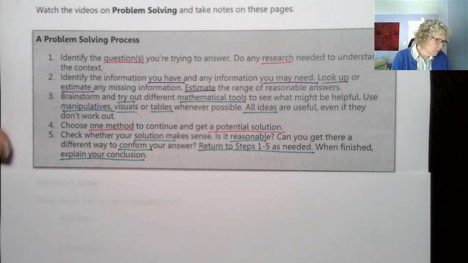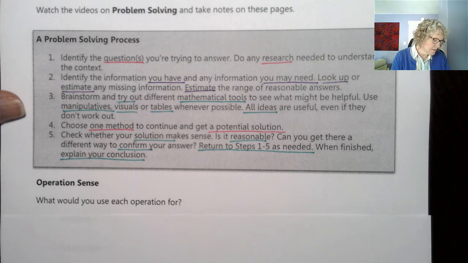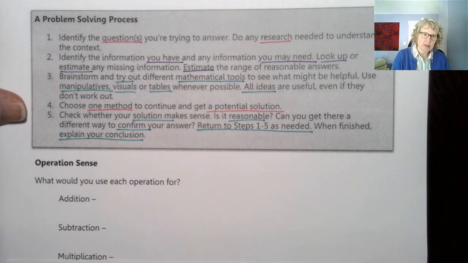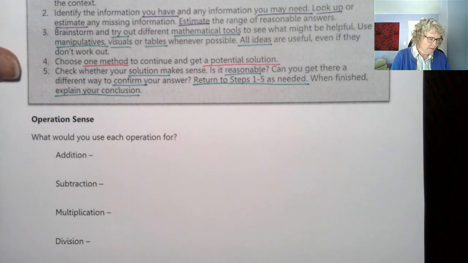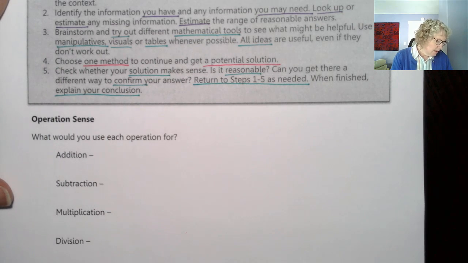So before we actually solve some problems, I want to talk about operation sense. So many of our problems will use basic operations of addition, subtraction, multiplication, and division. And I bet you have a sense already intuitively of what you would use each operation for, right? So if you kind of know in a situation when you're going to add or subtract, multiply or divide, that's really helpful. So let's kind of write out some different situations, or feel free to do that first and pause the video.